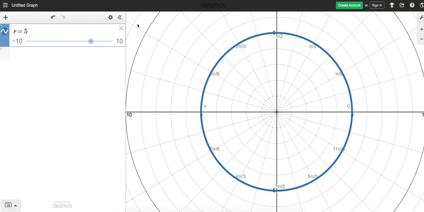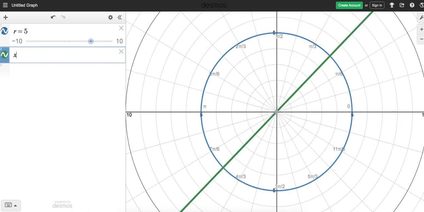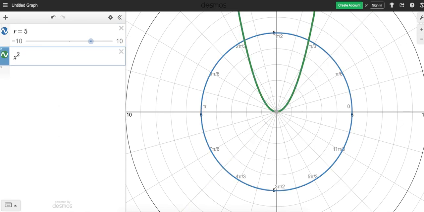And if we graph that in Desmos, x squared plus y squared equals 25, there we go. Notice it does give us the exact same graph.